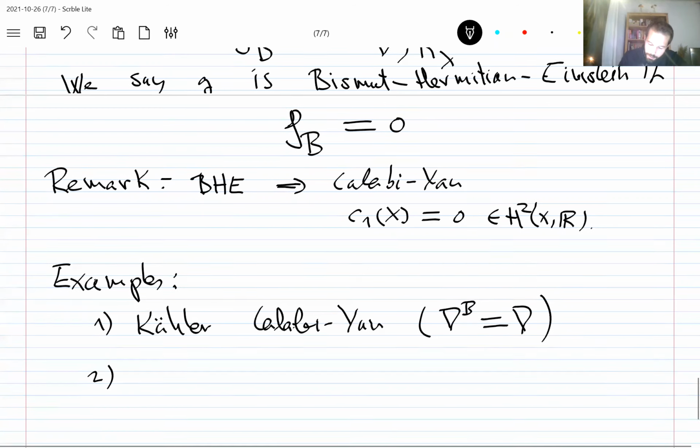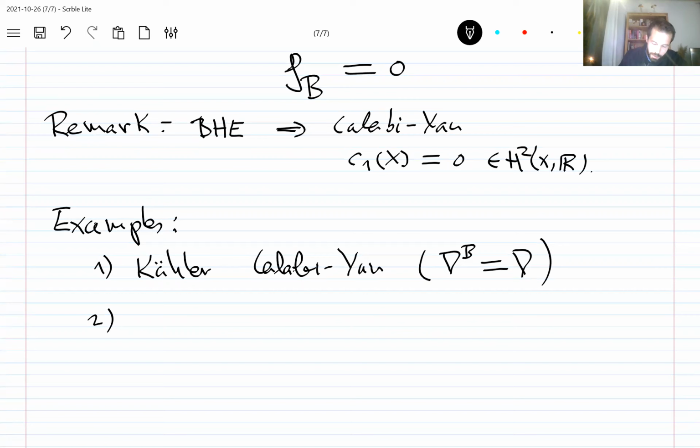A more interesting class of examples in non-Kähler geometry is if you take compact even-dimensional Lie groups.